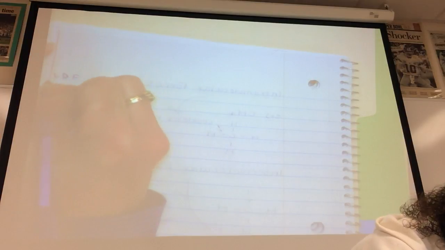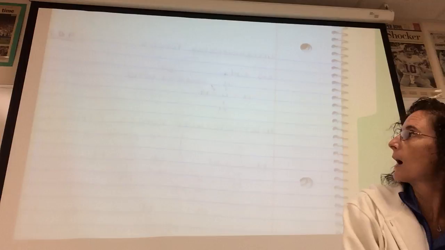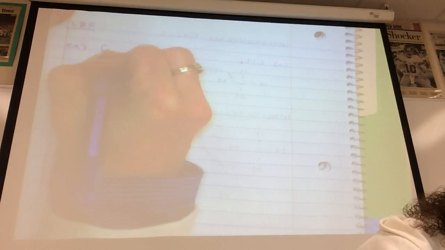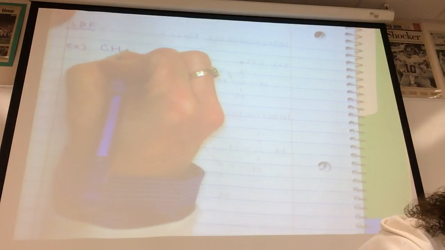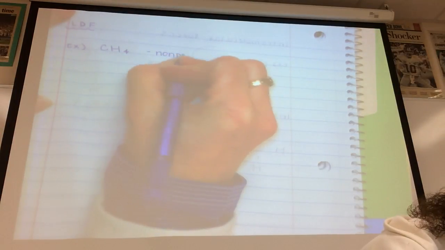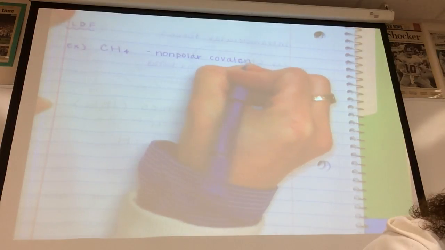London is for a person. LDF is the weakest type, and what you're considering here, for example, is let's say you had methane, which, as we discussed the other day, is a nonpolar covalent molecule.